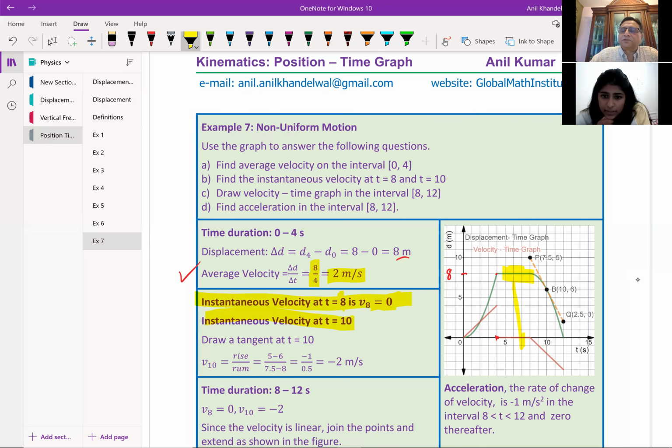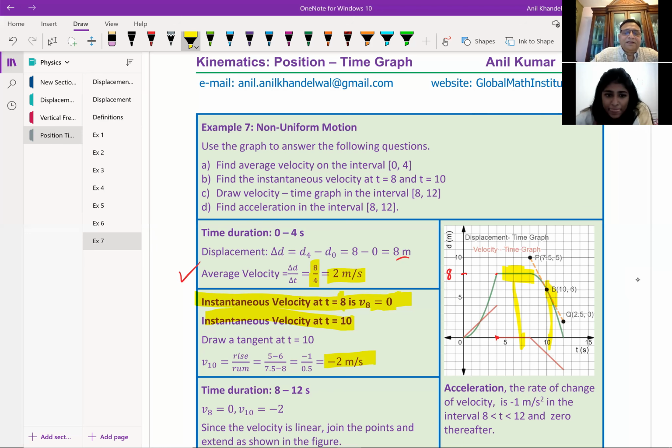Instantaneous velocity at t equals 10: you draw the tangent at the point where t is 10 on that position time graph. Then you take the rate of change, change in y over change in x. It has to be negative because we're going down.